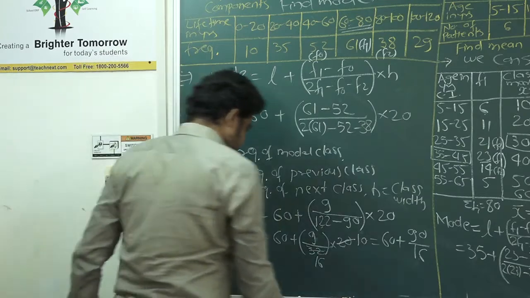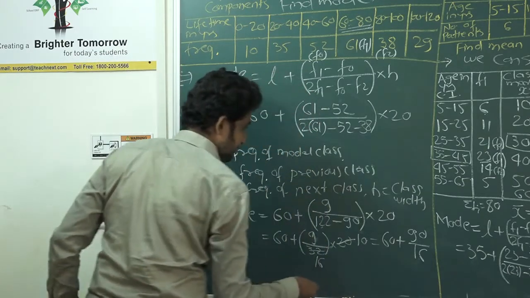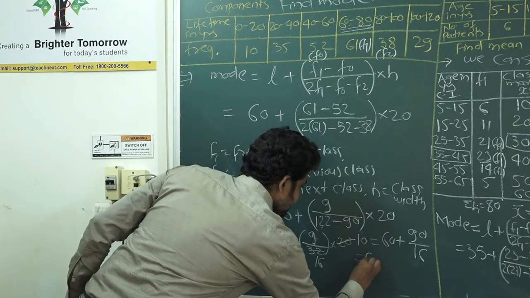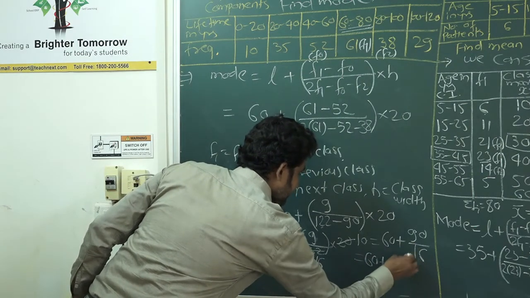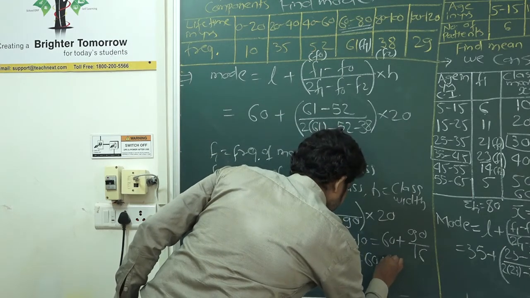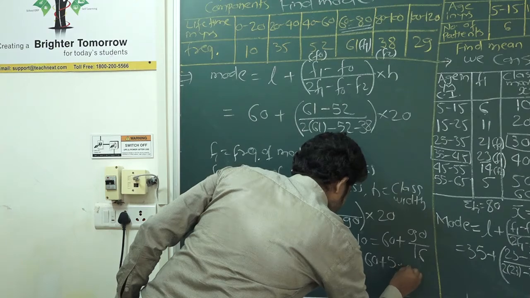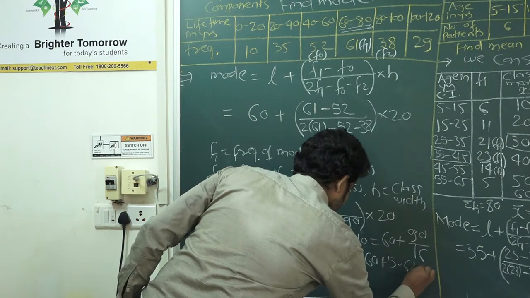So if you perform the division, 16 5s are 80, put a point here, 16 6s are 96.